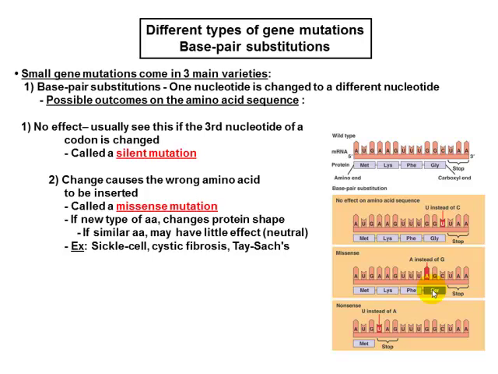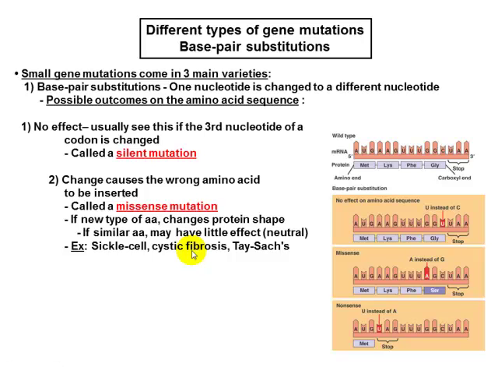Examples of missense mutation are sickle cell anemia and also cystic fibrosis. Remember we're studying the channel for cystic fibrosis that does not work well because of a mutation. In order to have a defective protein or defective channel, there was a missense mutation.